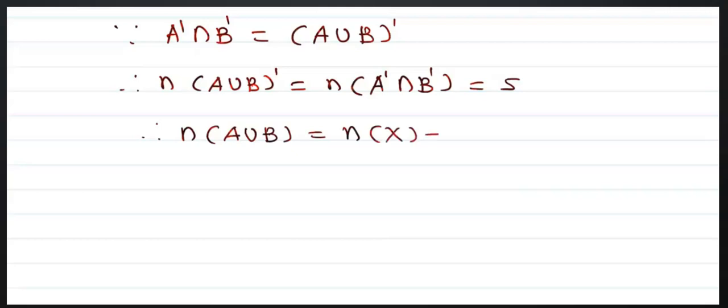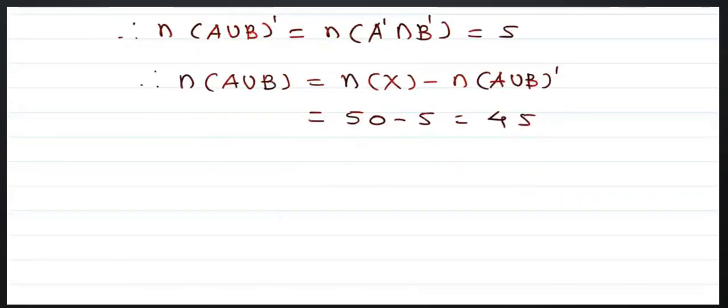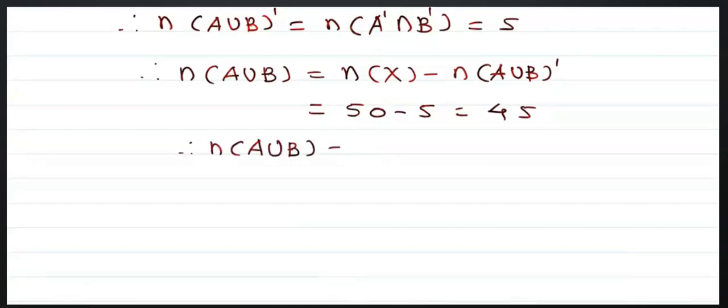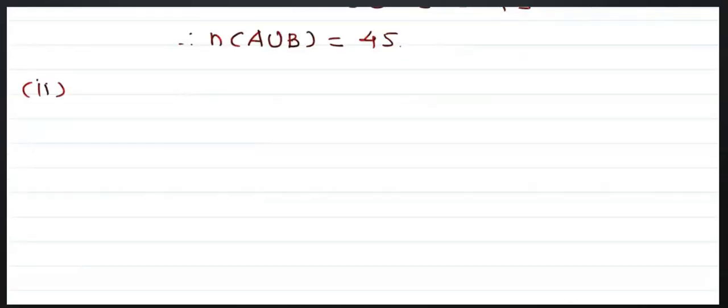Therefore, N of A union B is equal to N of X minus N of the complement of A union B, that is equal to 50 minus 5, which is equal to 45. Therefore, N of A union B is equal to 45.